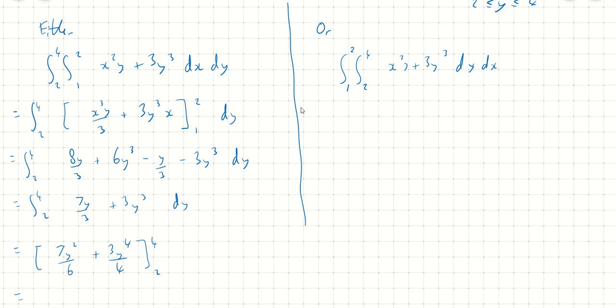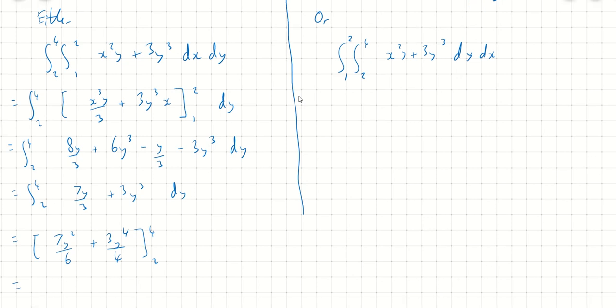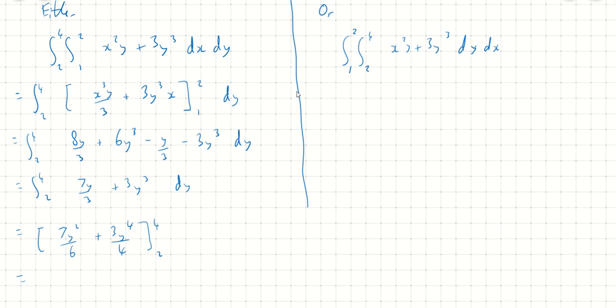So then the upper limit is 7 times 4 squared, that's 7 times 16 over 6, plus 3 times 4 to the 4 over 4, that's 3 times 256 over 4.